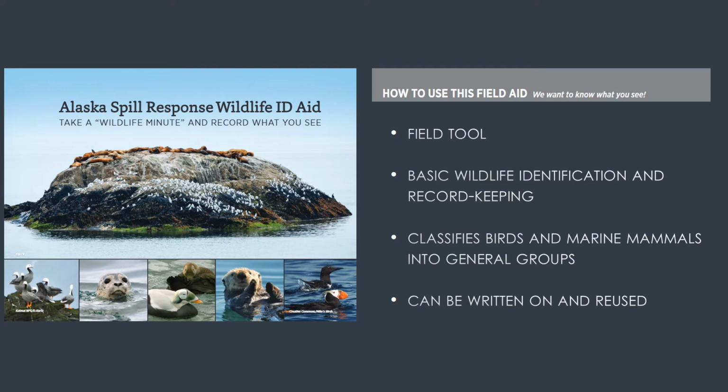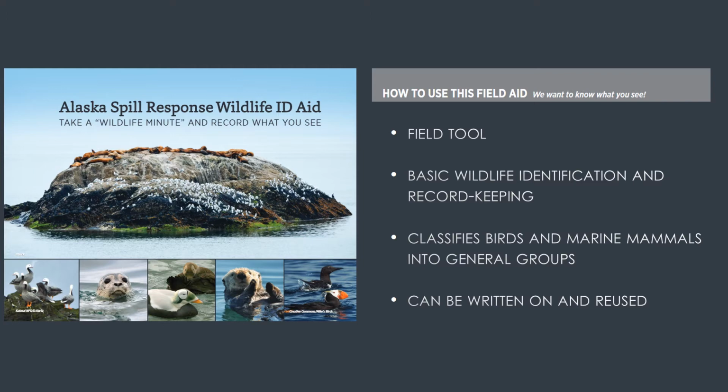We have designed the Alaska Spill Response Wildlife Identification Aid as a field tool to assist with basic wildlife identification and record keeping. Using basic ID characteristics provided in this aid, birds can be categorized into 6 groups.